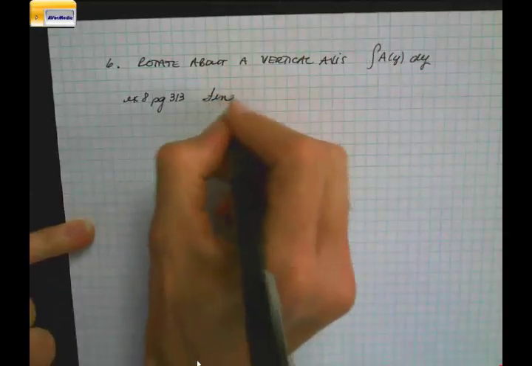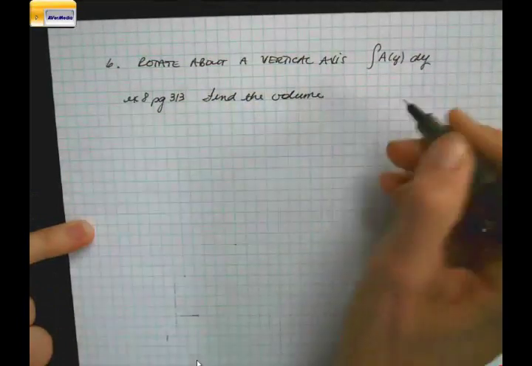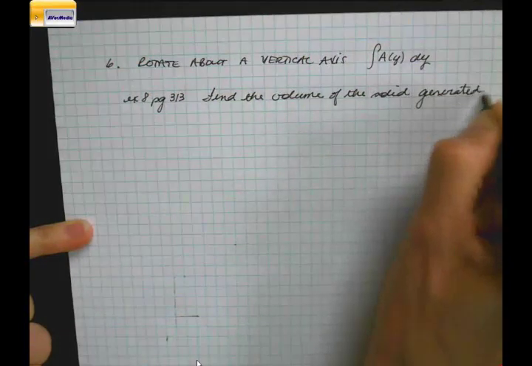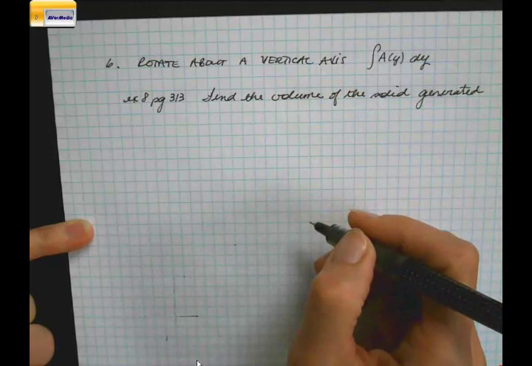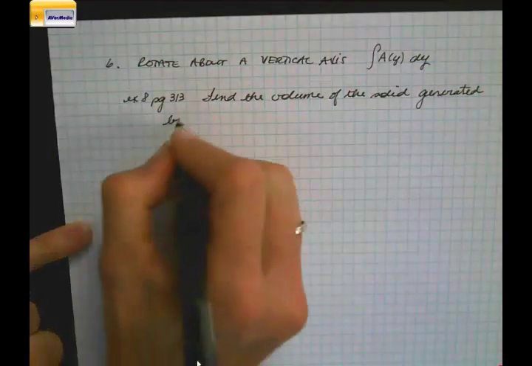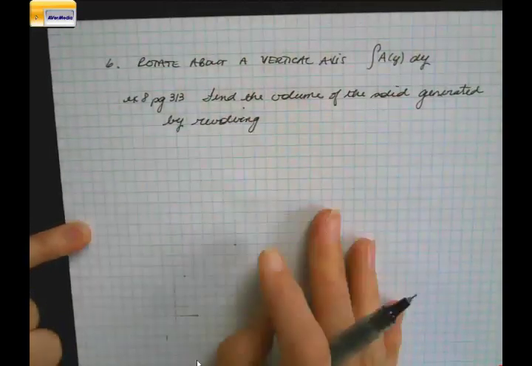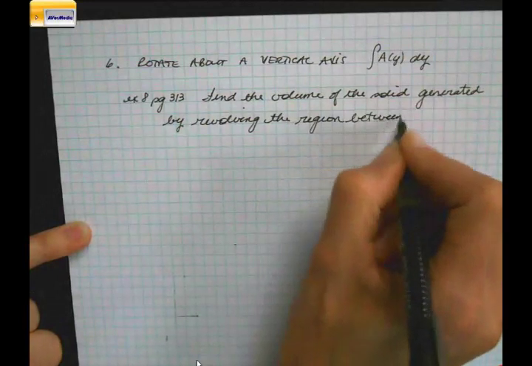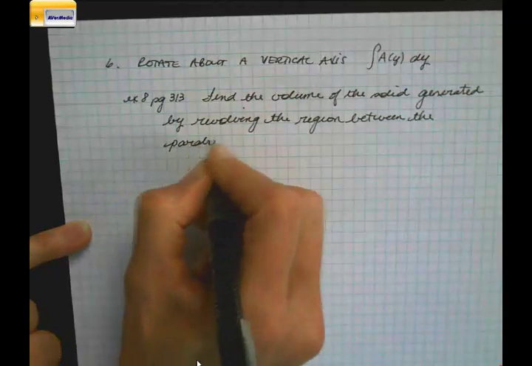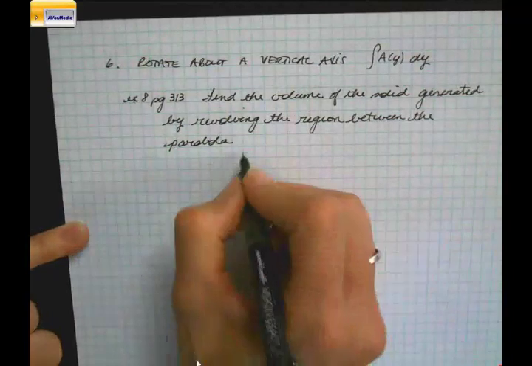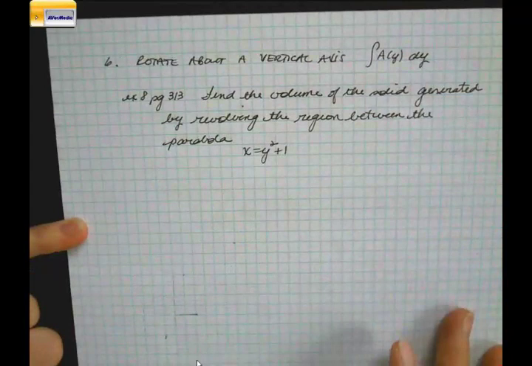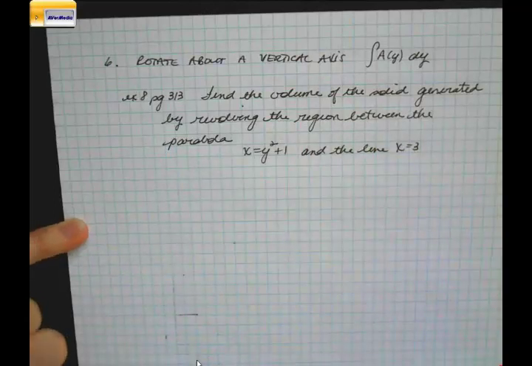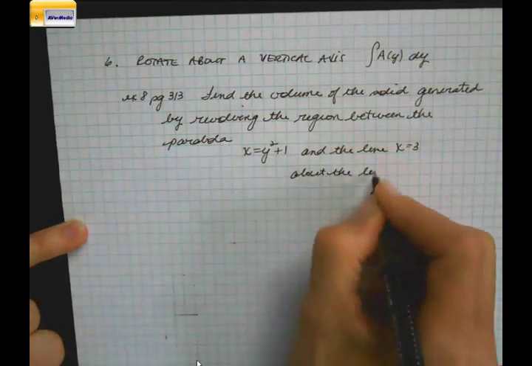Find the volume of the solid generated by revolving the region between the parabola x equaling y squared plus 1 and the line x equaling 3, that's your vertical line, about the line x equaling 3.